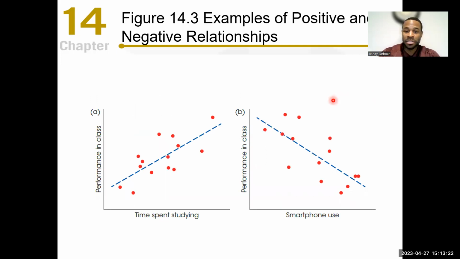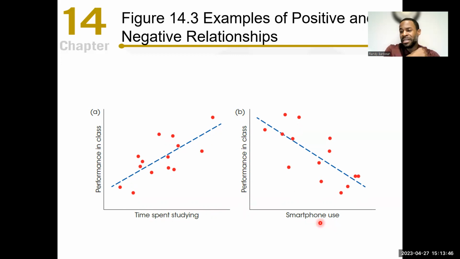Again, here are our examples of positive and negative relationships. In graph A, you have performance in class and time spent studying. So that's a positive relationship. These two variables are positively related because the more you study, the higher your performance in the class. In graph B, you have performance in class and smartphone use.